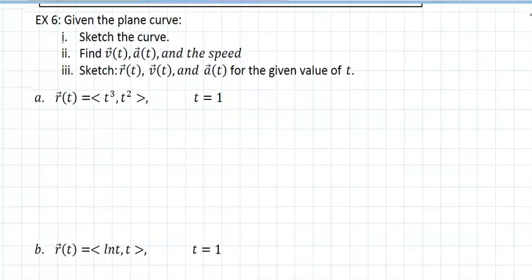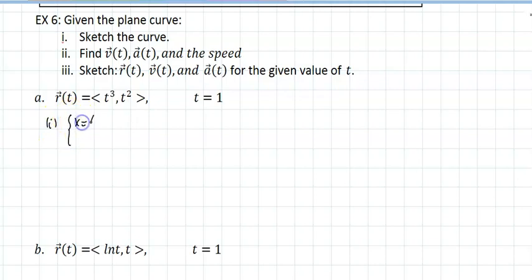So, here, sketch the curve. Find the velocity and acceleration and speed. Sketch all of those on the curve. Well, okay, let's see how that works. Here, part I want to sketch the curve. It says x equals t cubed, y equals t squared, which indicates that t equals the cube root of x. So here, y equals the cube root of x squared.